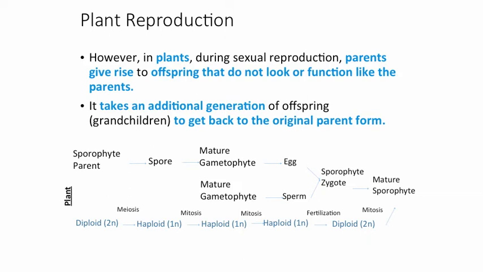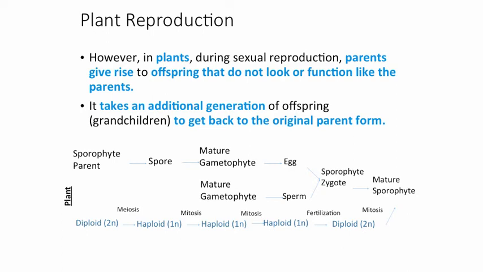What we start with is what's called a sporophyte, and this is a diploid structure, which then undergoes meiosis. Now what happens here is that we produce spores instead of egg and sperm. The spores are haploid. Those undergo mitosis to produce a haploid structure called a gametophyte.